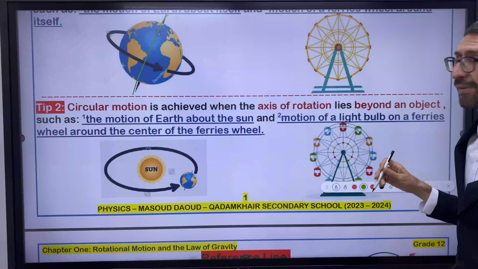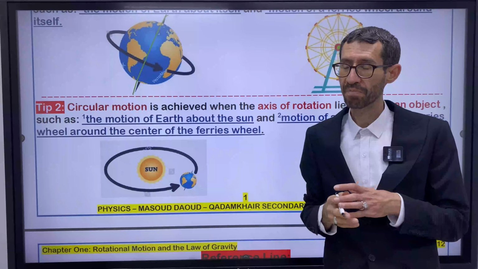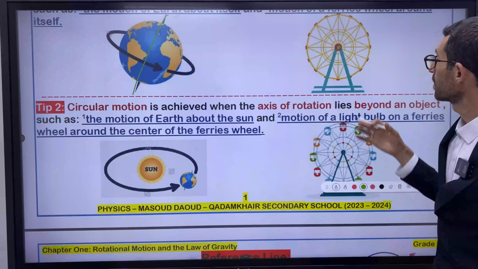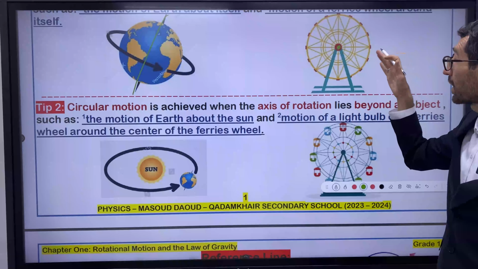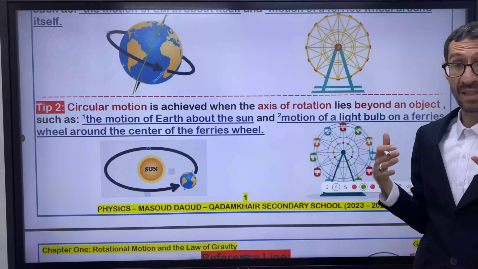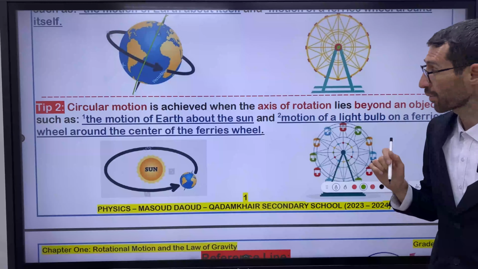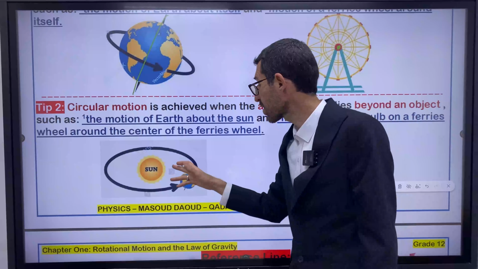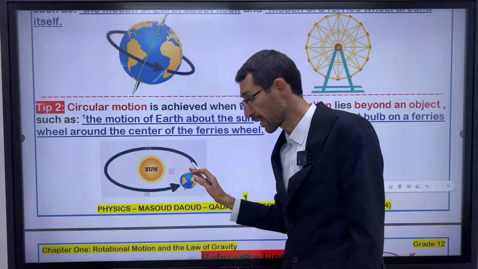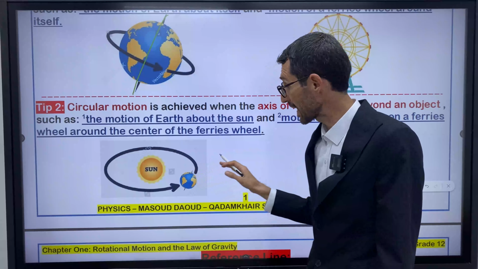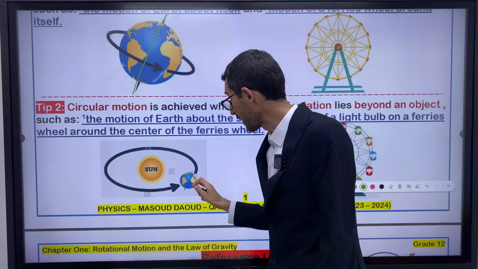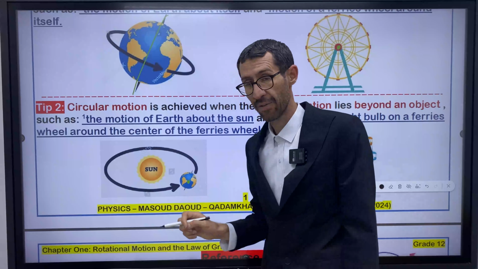That's why the Ferris wheel, I can say, involves the axis of rotation. But here, this axis is not located within the object itself.